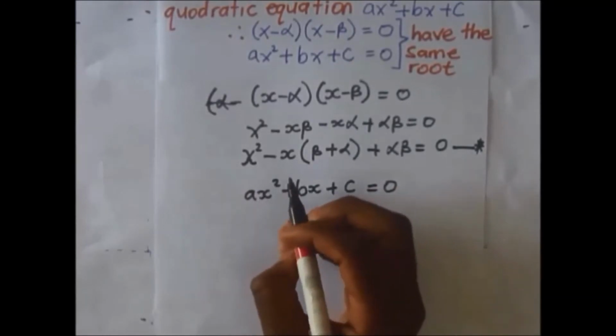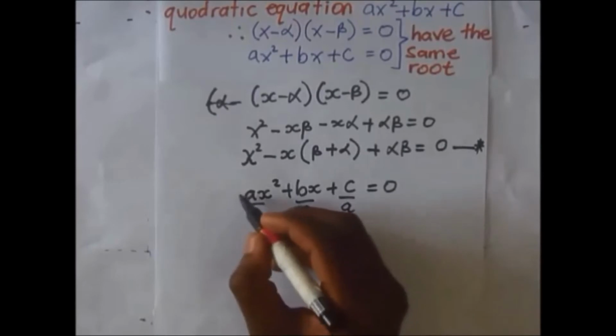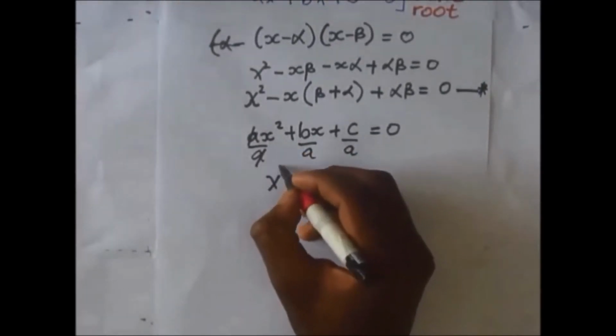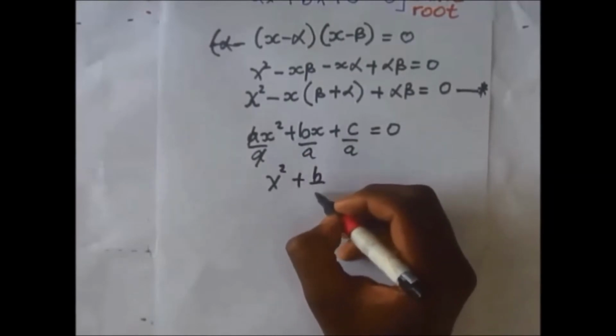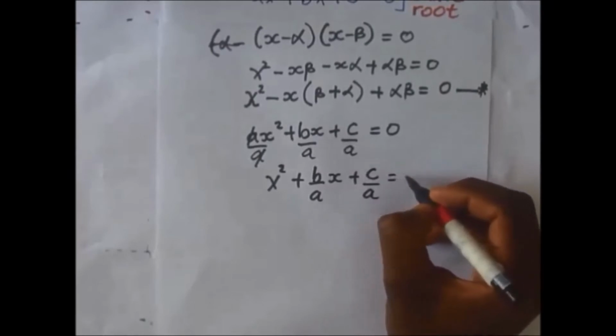When we divide through here by a, so that the coefficient of x squared is 1, we have that x squared plus b over ax plus c over a is equal to 0. So what do we see from there?